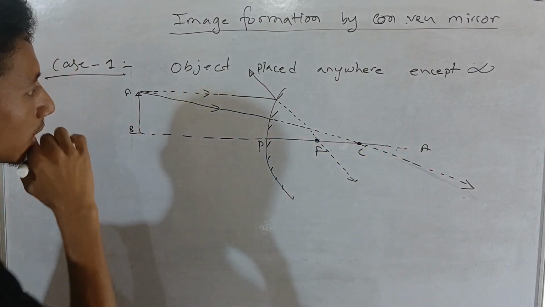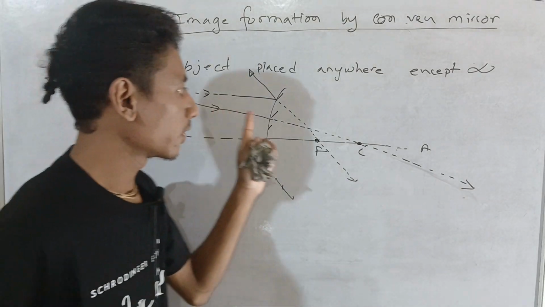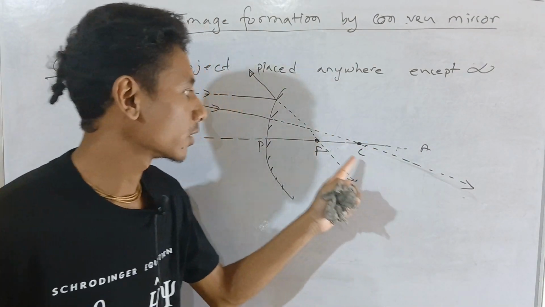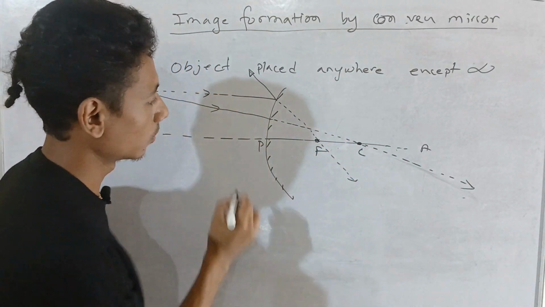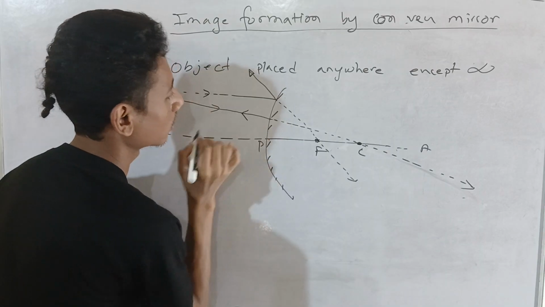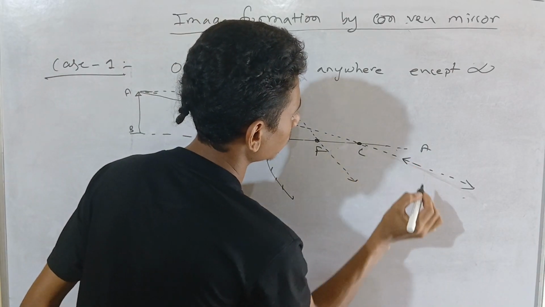If any incident ray passes through the center point, the reflection ray always passes through the center point also.